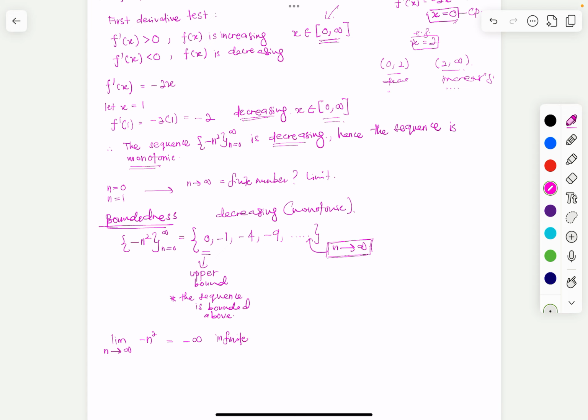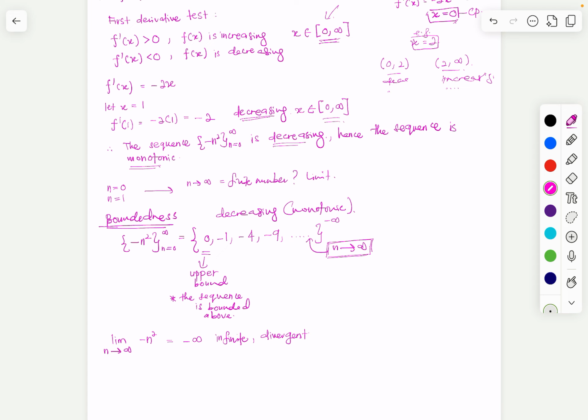Recall that if it is infinite, then it is a divergent sequence. It means that the terms, as n goes to infinity, go to a very, very small number.